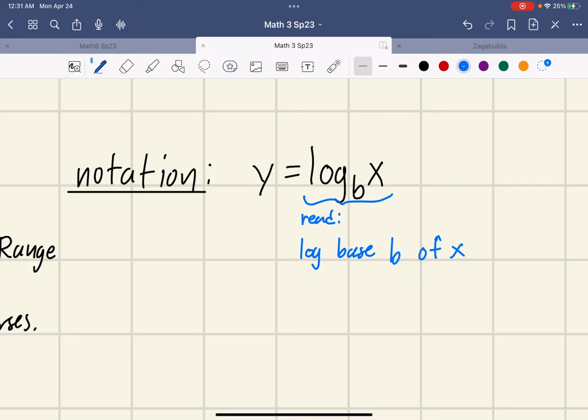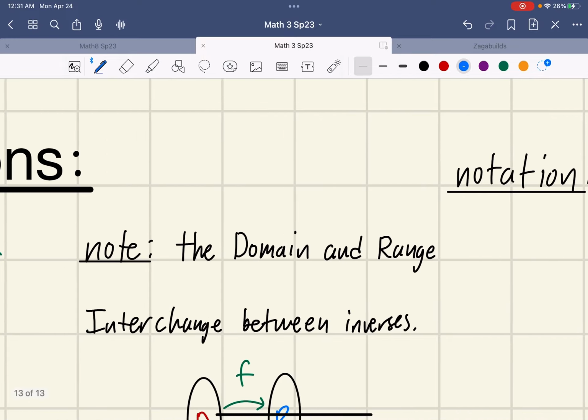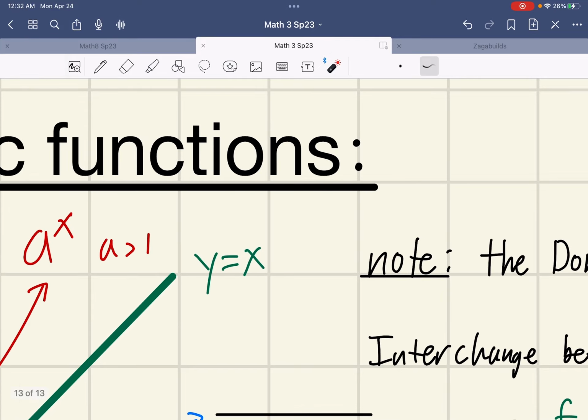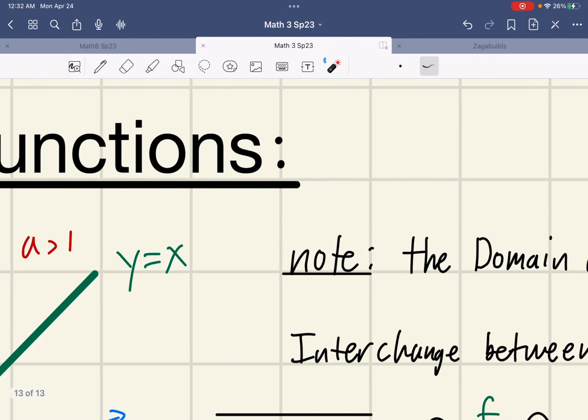Like we talked about before, why is it called an exponential function? Well, that was because the variable was in the exponent. Why is it called an absolute value function? Because the variable is in the absolute value. Why is it called a rational function? It's because the variable is in the denominator. And all these things of why we gave particular function names is really due to the operation in question.